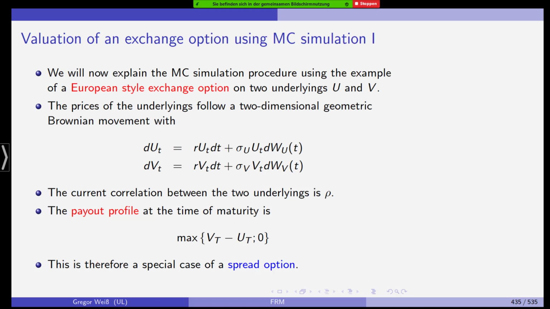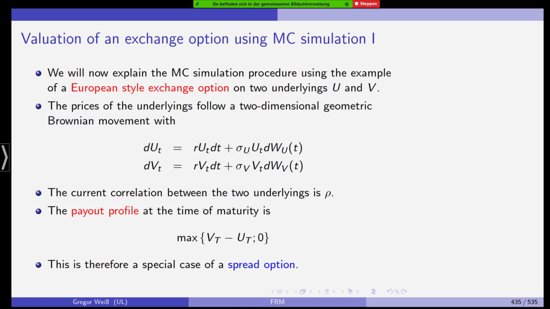Okay, now we will explain the Monte Carlo simulation in practice in Matlab. What we are trying to do now is price a so-called European style exchange option on 2 underlyings, U and V. The prices of the underlyings follow a 2-dimensional geometric Brownian motion with dU_t and dV_t.